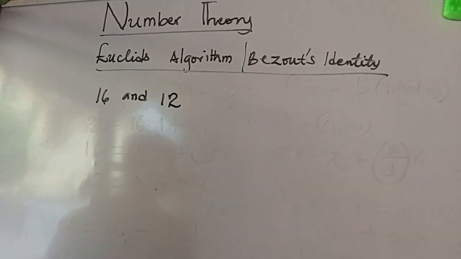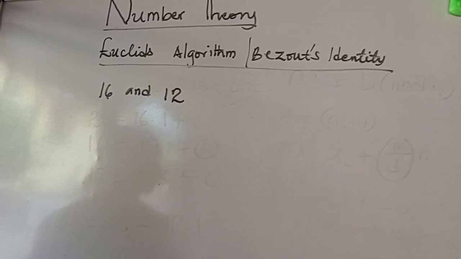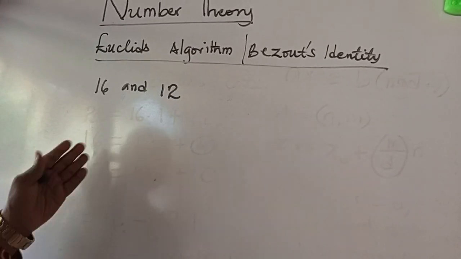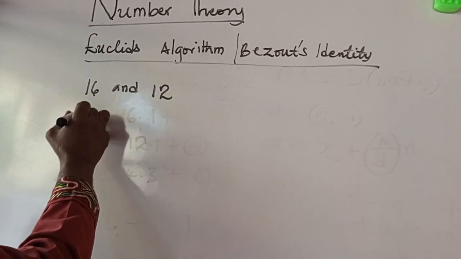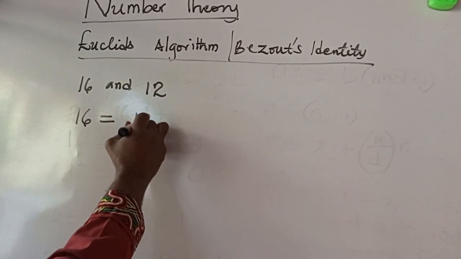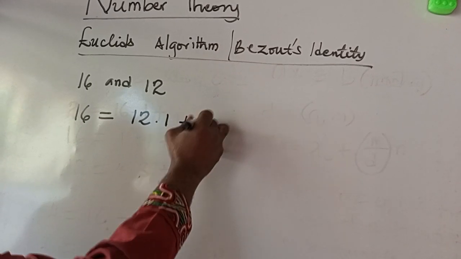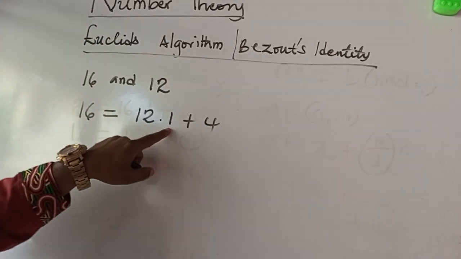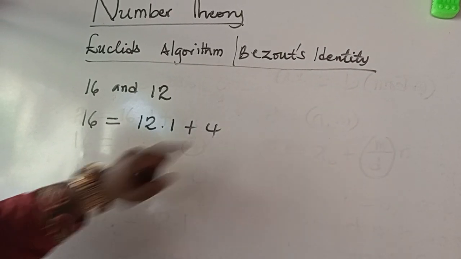Now, apart from using many other ways to find the HCF of two numbers, suppose you want to use Euclid's algorithm. In this case, we can say that 16 is equal to 12 times 1 plus 4, because if you divide 16 by 12, we are going to have 1 as a quotient and remainder 4.